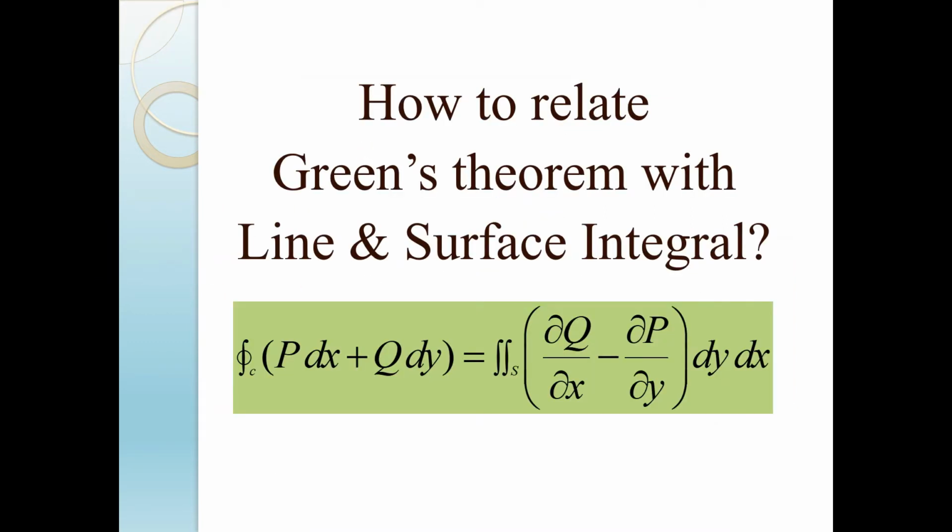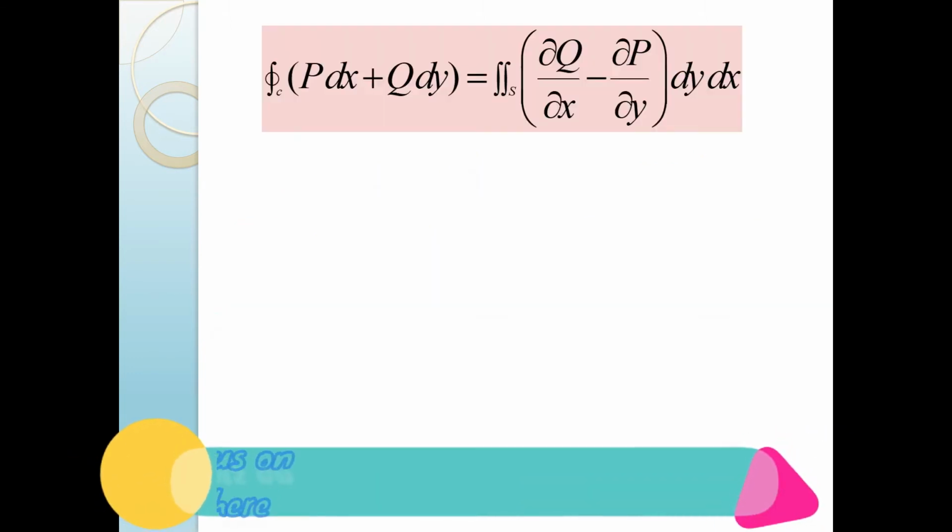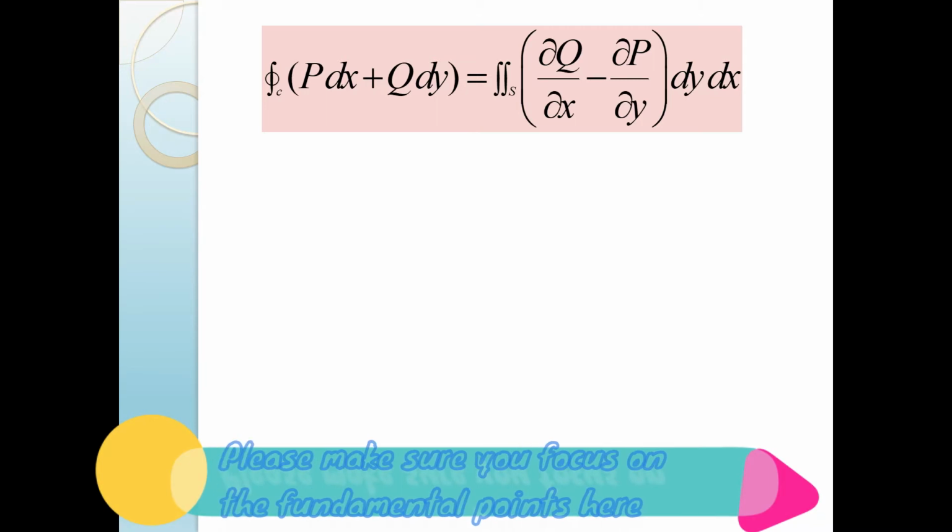Alright. So how do we relate this Green's theorem with the line and surface integral? Okay, let me explain one by one. So we have this Green's theorem. You can see the left hand side here, and the right hand side here. We have this single integration.